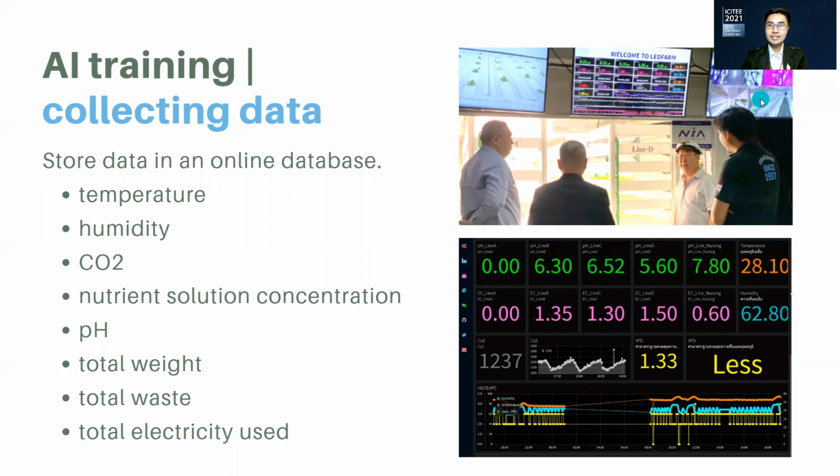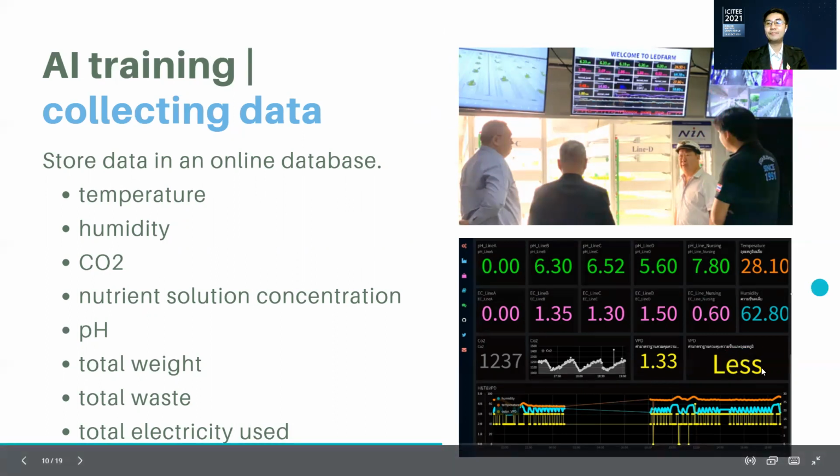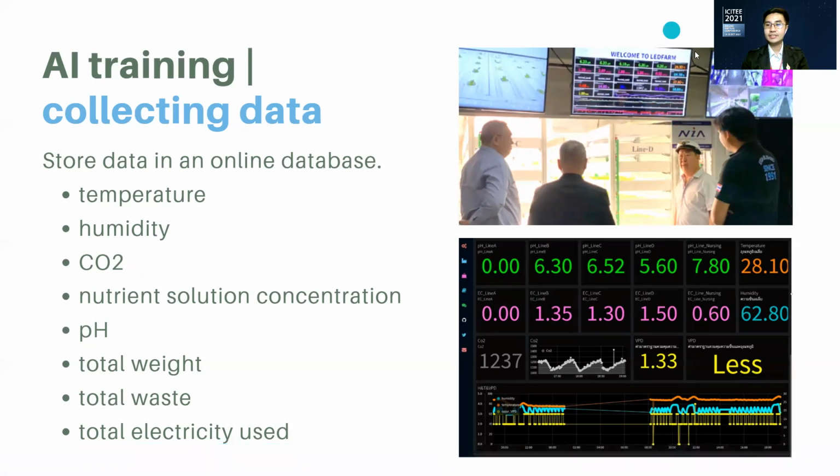The example part is the real-time sensor data shown on the middle LCD here. The data collected from the plants is uploaded to the online database, and the value is shown in real time.